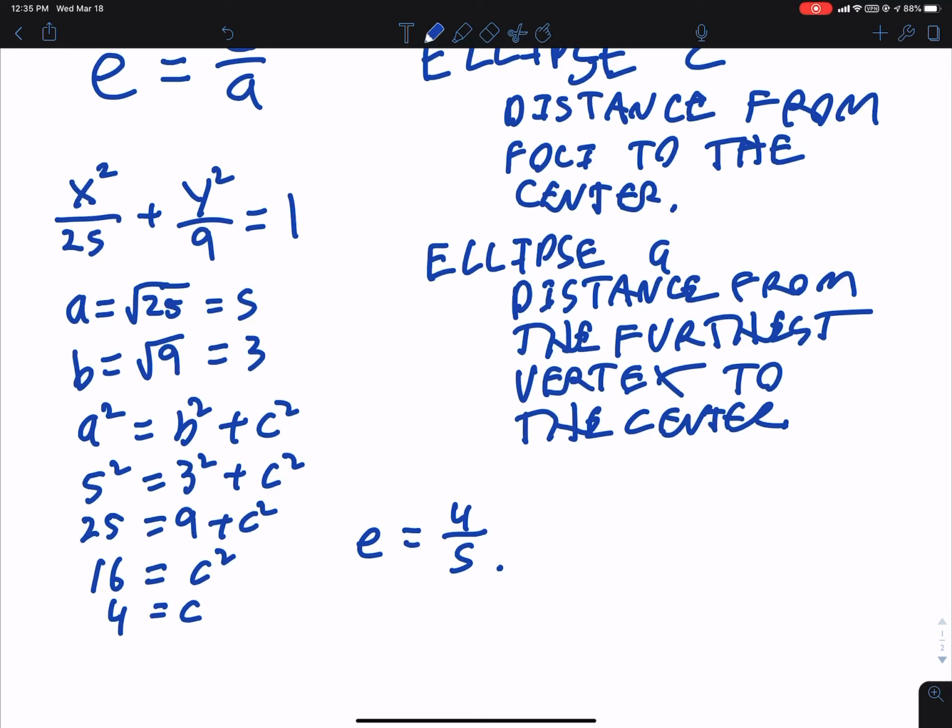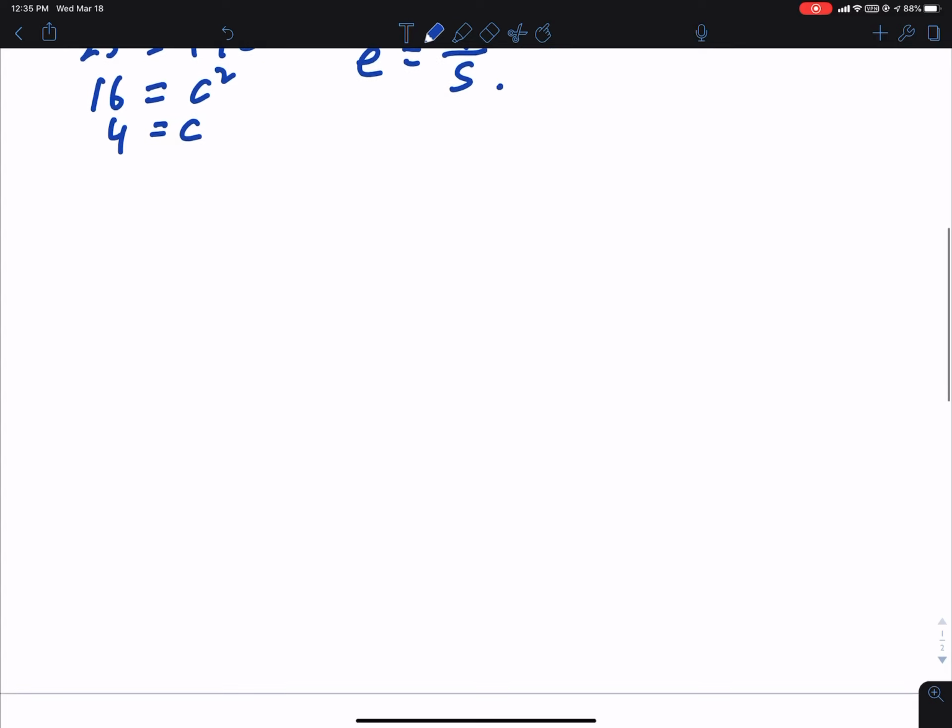Now let's do a problem where it's a little different. If we're given an ellipse and the eccentricity, I'm going to make up a number, let's say 4/5. And then let's say you're given the foci.